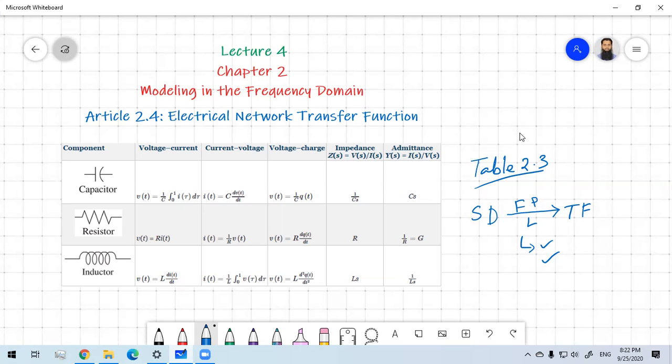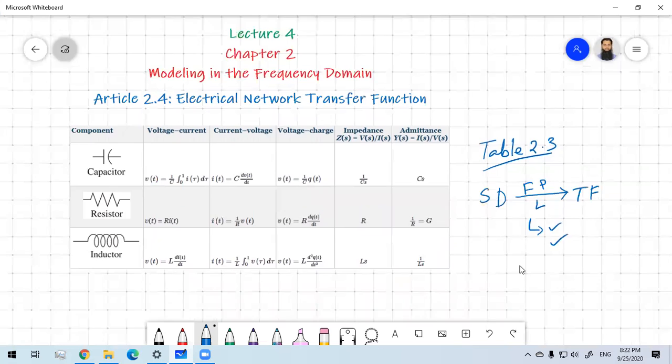The analysis that you studied in the first year, mesh analysis and nodal analysis, these simple ideas we have to adopt to figure out the transfer function of the electrical network. So let's start with the network.